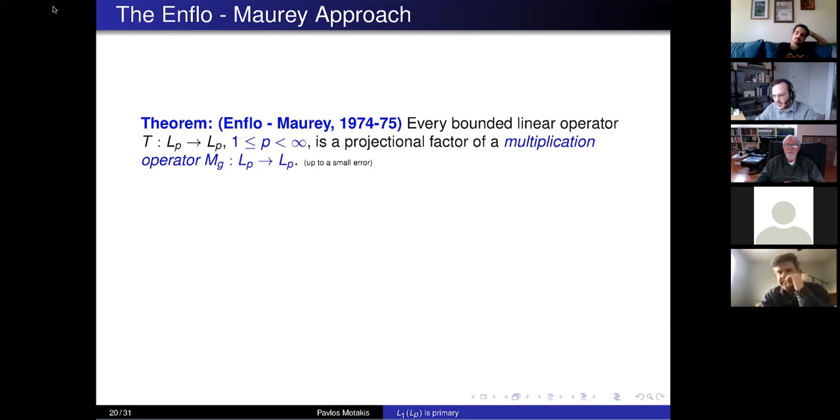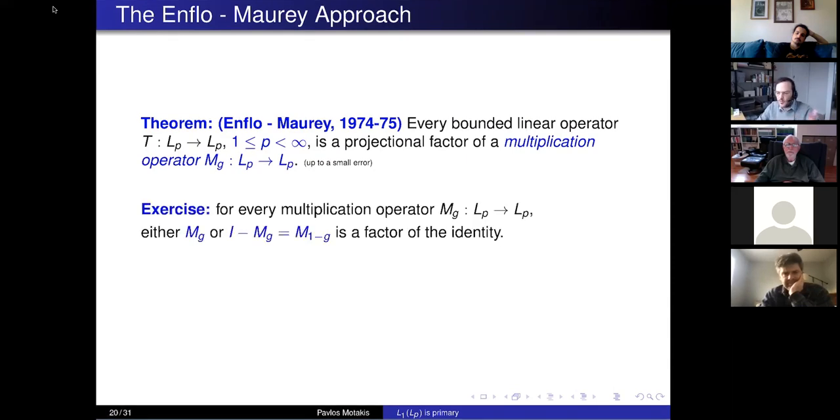So you have to do this extra work to reduce your problem to a pointwise multiplier instead of a Haar multiplier. And once you have a pointwise multiplier in any L_p space, it is quite easy to show that either the multiplier itself, or the identity minus the pointwise multiplier, which is again a multiplier, is a factor of the identity. You just find some set of positive measure where either g or 1 minus g has value at least a half or something like that, and then you factor through there pretty easily.